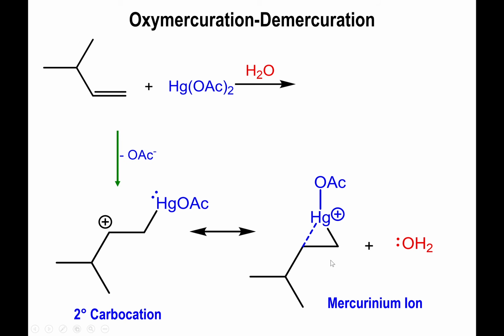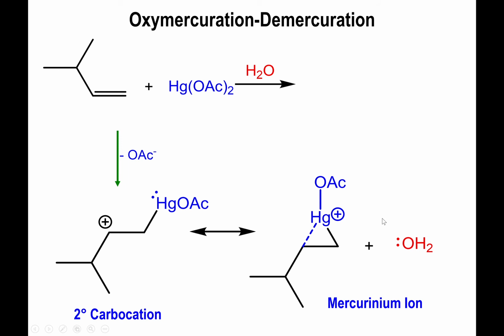And one way to also look at this is that because mercury is so big, mercury prefers to stay on the carbon that has the least amount of steric bulk, the least amount of substitution. So notice that here we've drawn the lines segmented, kind of emphasizing that mercury is stabilizing that carbon, but technically speaking, it's only partially bonding to it, whereas the real bond is to the carbon that is the least substituted out of the two.